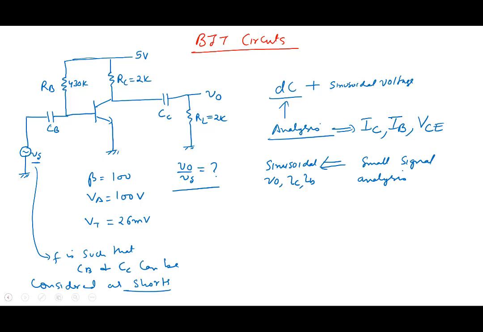So we break the analysis into two parts: DC, to obtain the DC currents, voltages, and all that, and then incremental circuit analysis. Small signal analysis is also incremental, since this is an extra voltage that we've added. It is a kind of incremental circuit analysis.